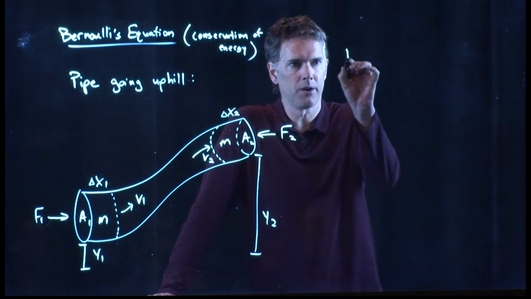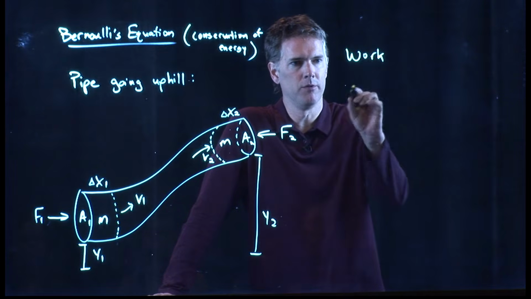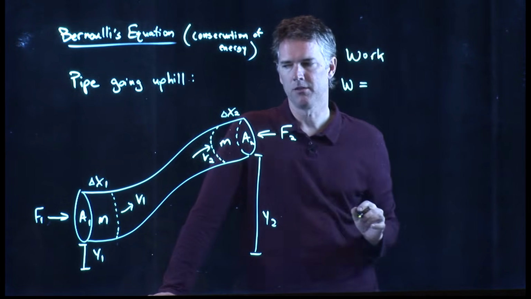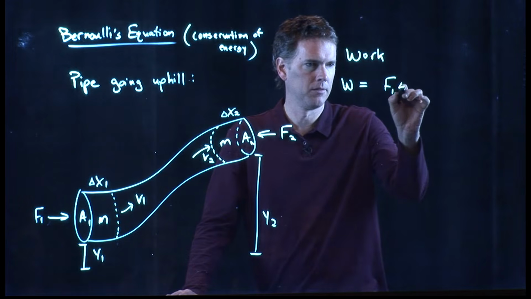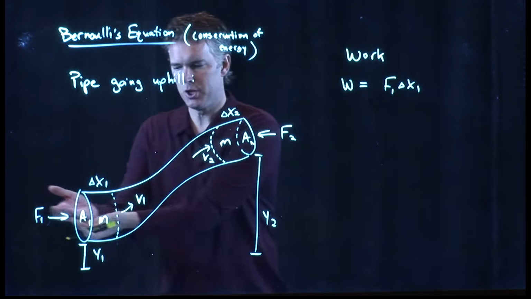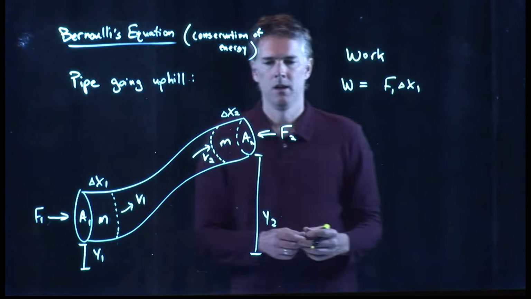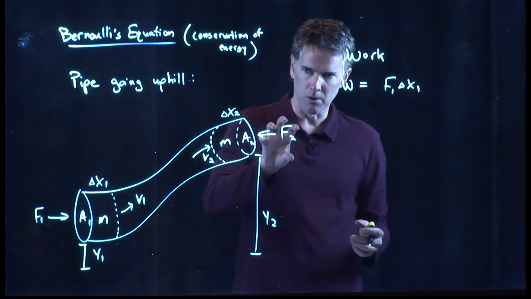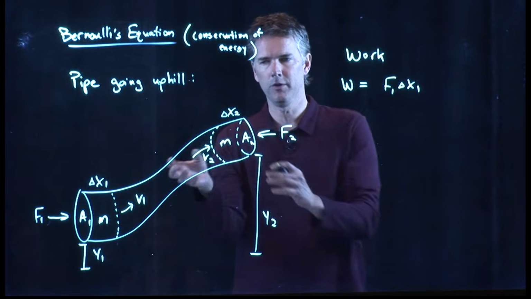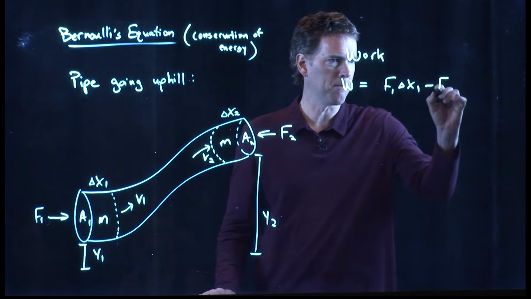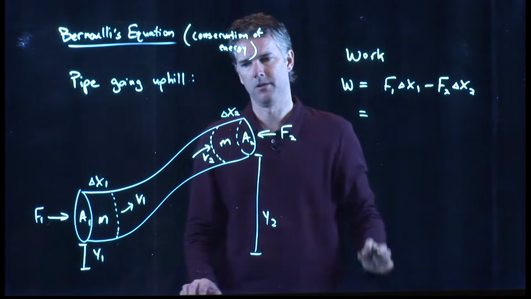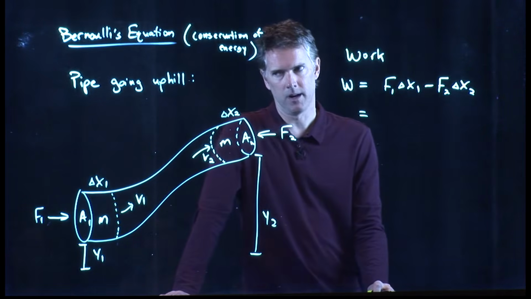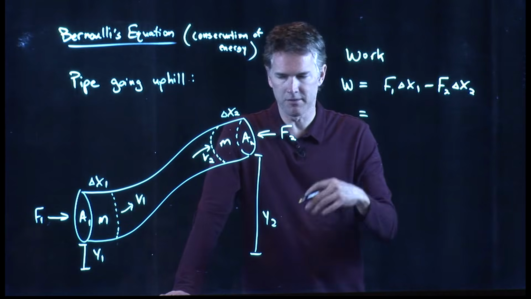Okay, the work involved in moving the fluid is going to be what? Well, we have F1 delta x1 pushing this fluid up. There's some work of this one trying to go the other way, but the fluid's still moving up, and so we have to make a minus sign, F2 delta x2. But we know that force relates to pressure.